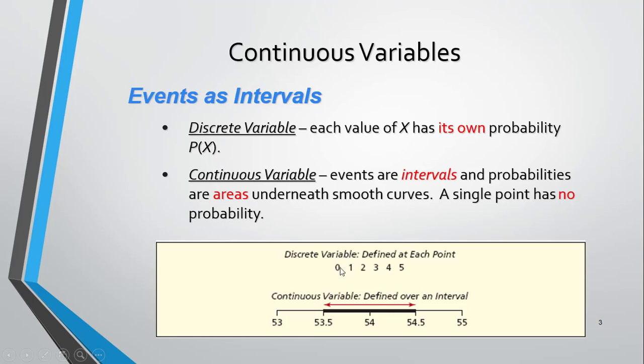Like this chart shows, for discrete variables, the probability is defined at each point: 0, 1, 2, 3, 4, 5, for example. For a continuous variable, the probabilities are defined over an interval, not just on each individual point.